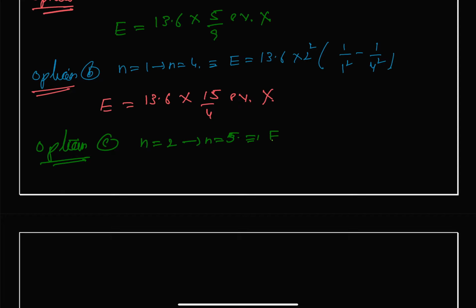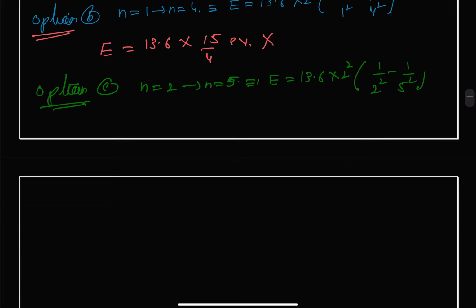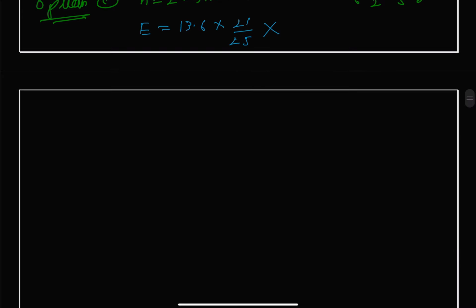Based on this, we get the energy equal to 13.6 into 2 square, times 1 upon 2 square minus 5 square, and the value of energy will be equal to 13.6 multiplied by 21 upon 25. This option is also incorrect. So finally we are left with option D.